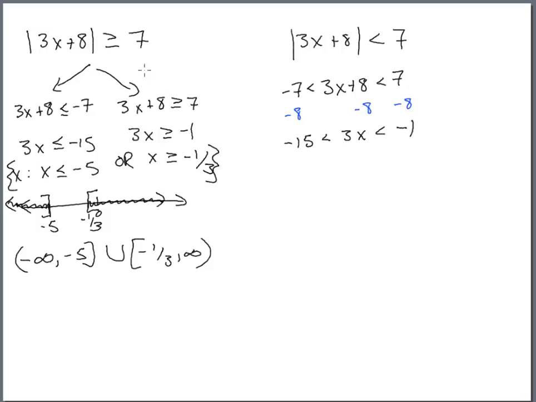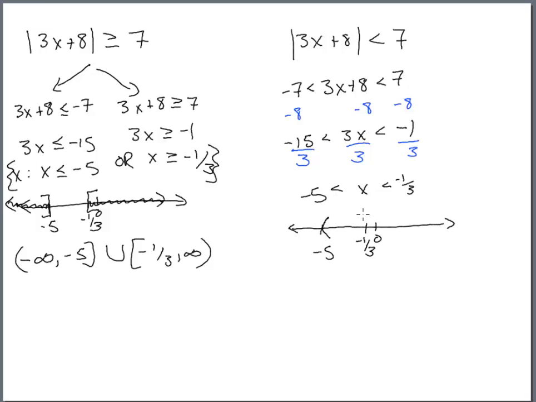Now we're going to do a very similar thing with the dividing. Divide by 3, divide by 3, divide by 3, and we are left with negative 5 less than x less than negative 1/3. You'll notice on the graph here, we still have the negative 1/3 and still have the negative 5, but now we are trapped in between them.